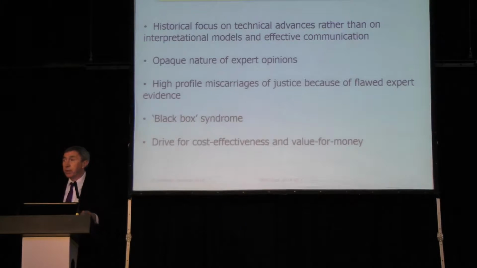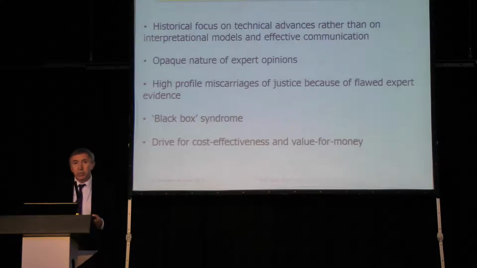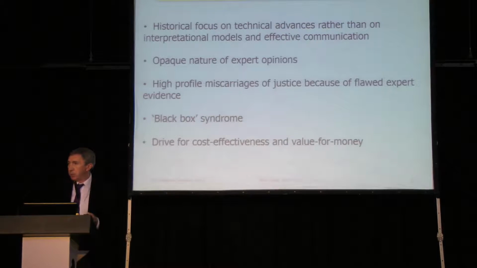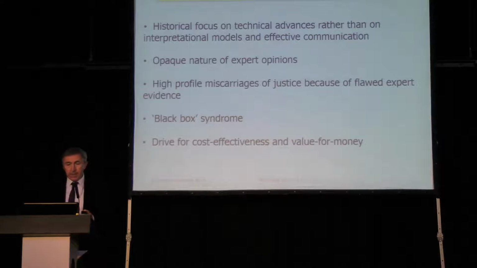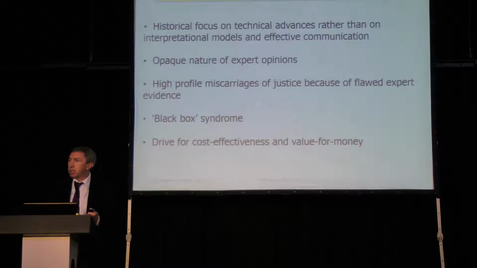And we also know that when forensic science or expert opinion is involved, where things go wrong and where there are miscarriages of justice, it's all about misinterpretation, either by the expert themselves or by how that's received then by the fact finder. And there are quite significant, not a huge number, but when they happen, they are significant cases and miscarriages of justice occur.